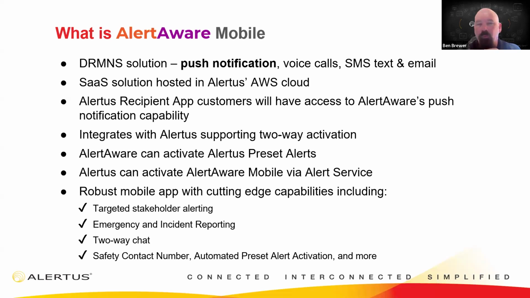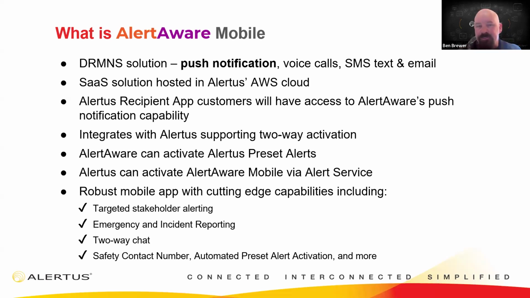So if you're using the incident reporting use case within the Alertus Recipient app currently, the strength in the new approach is that you have two different pathways that you can take in leveraging that incident reporting. The incident reporting from the AlertAware mobile app can be just very localized to your system administrators, those individuals that you want to receive and evaluate those incidents before they escalate alerting.